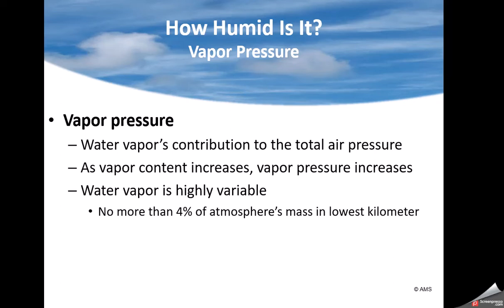The amount of water vapor in the air can be measured as a vapor pressure. No more than 4% of the atmosphere in the very lowest kilometer might be made up of this water vapor. Typically, it's a lot less. But the higher the water vapor pressure is, the more water vapor is in the air.